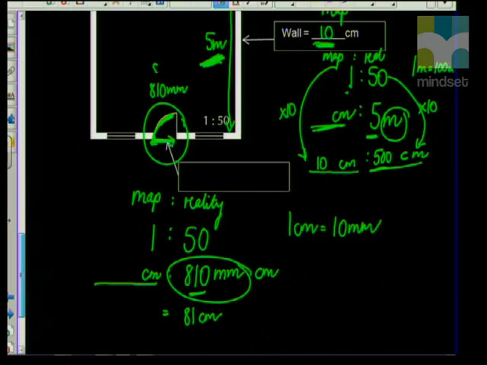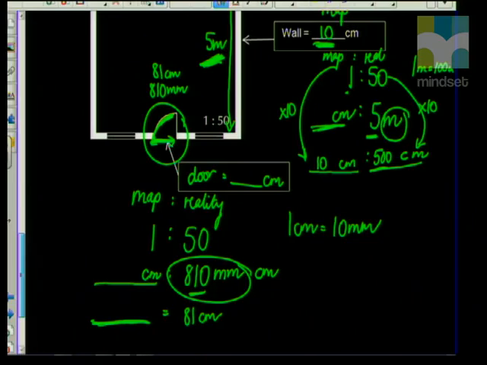So this is actually 81 centimeters. I now need to find out, okay, how am I going to work out how much it is going to be on the scale of my map? Because I need to write this in centimeters.